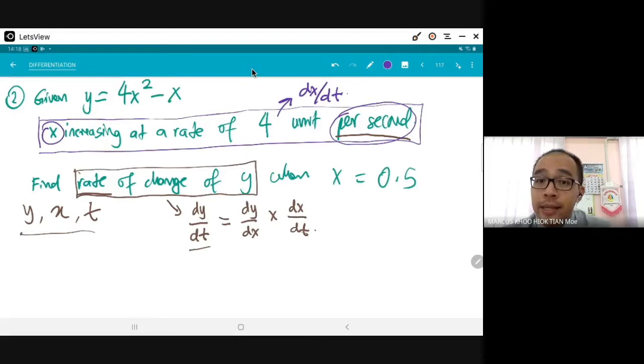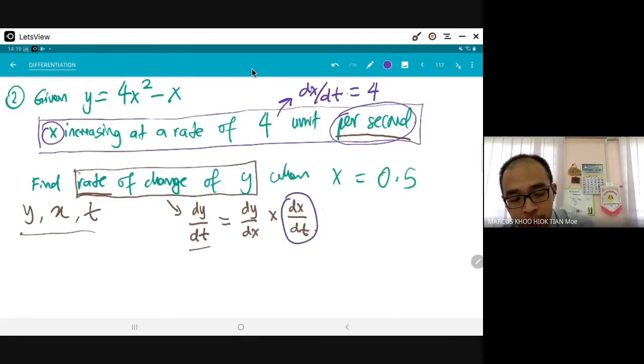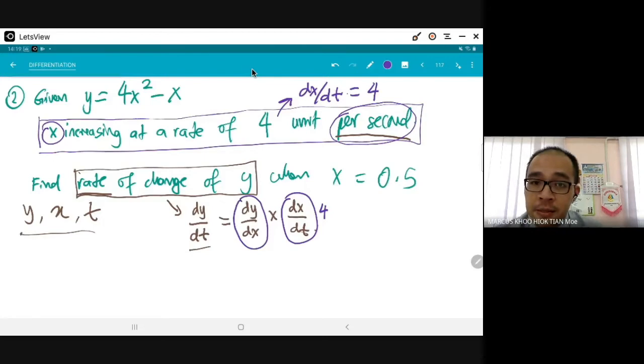That is what this sentence means. x bertambah 4 unit per second, so that means dx/dt is equal to 4. And that's a very important piece of information, because it means kau sudah ada jawapan, 4. Tinggal kau cari satu benda lagi, which is the value of dy/dx. So how do I find the value of dy/dx? What must I do first?